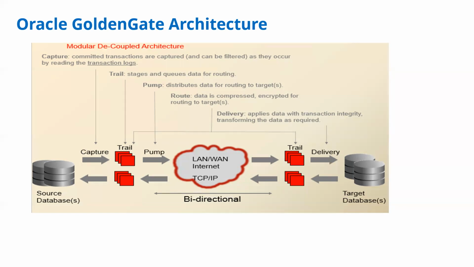Each process has a source to read from and a target to write to. The extract process source is transaction logs and target is local trail. The pump process source is local trail and target is remote trail. The replicate process source is remote trail and target is the target database.